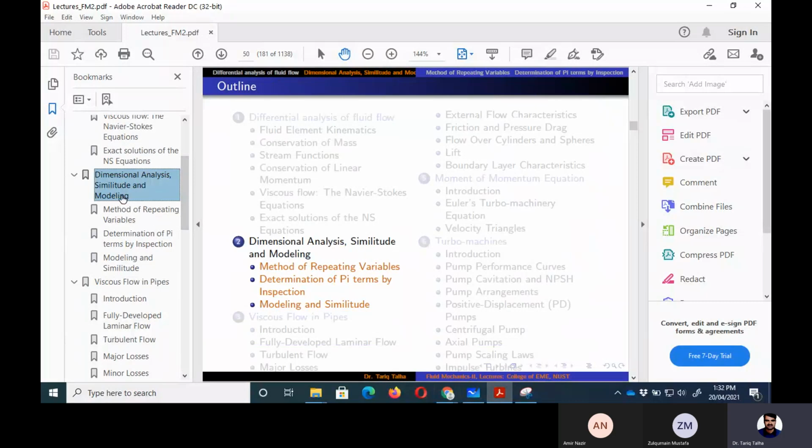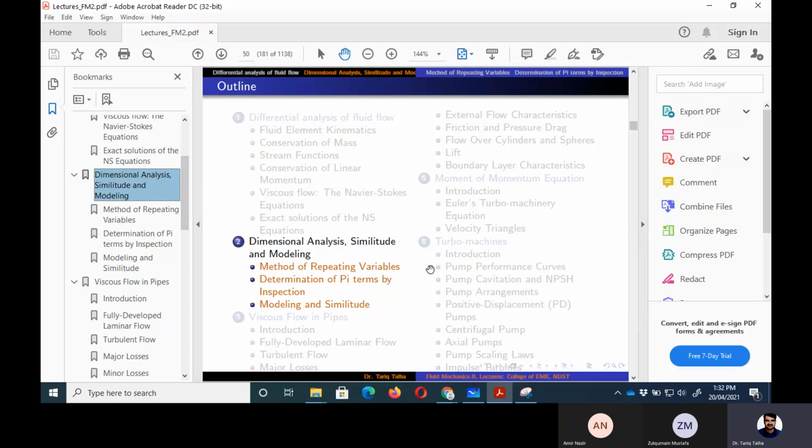When it is difficult to conduct the experiments on the actual system, then we create a model, which is usually a scaled down model, and we conduct experiments on that model. Then we can correlate the results of the model and the actual system by the similitude study.